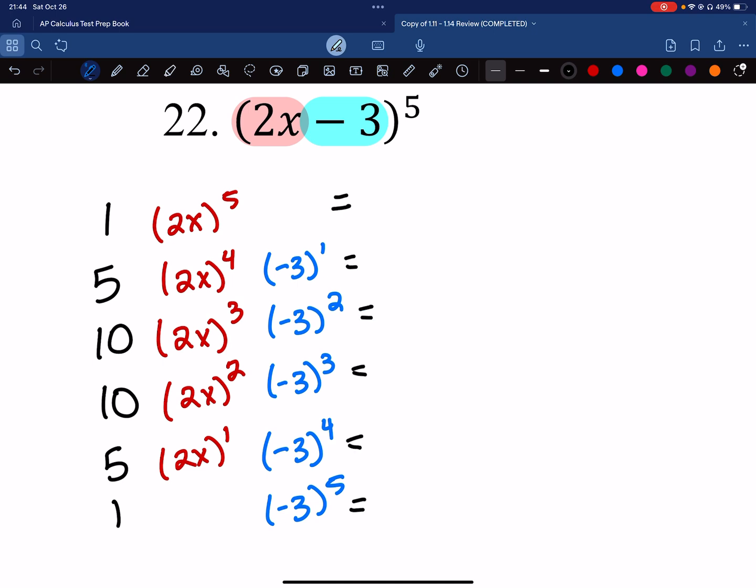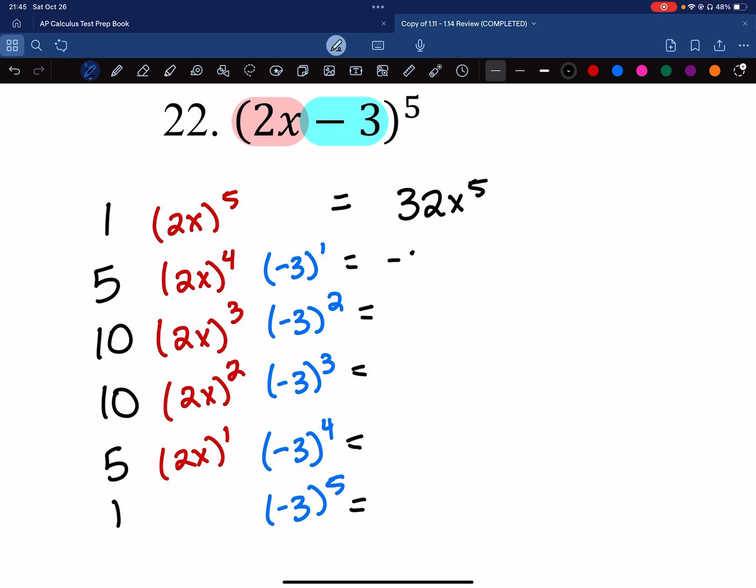So 2x to the fifth power, that's 2x times 2x times 2x times 2x times 2x. So 2 to the fifth power is 32. And then x to the fifth because we're multiplying by 1. 5 times 2 to the fourth times negative 3.